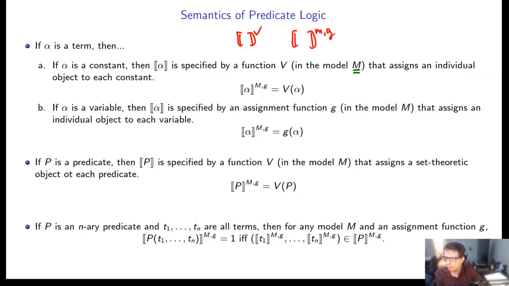What A and B are doing: what A says is, if alpha is a constant, then the meaning of alpha is just whatever alpha is in the real world. So if you have something like John, then it's going to be the individual in the real world. So this would be J prime.